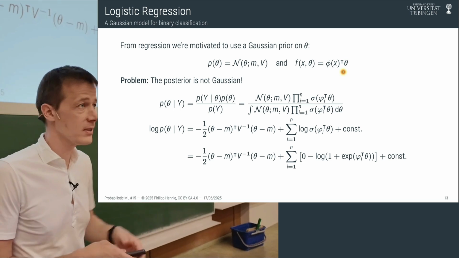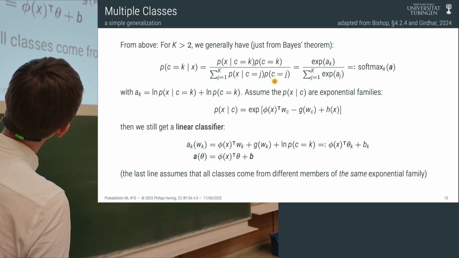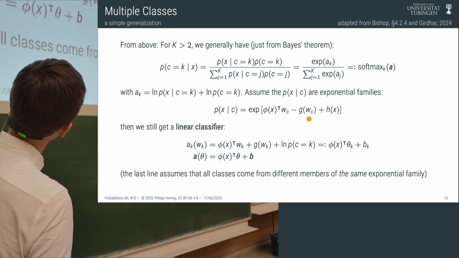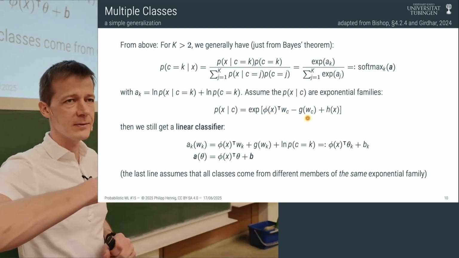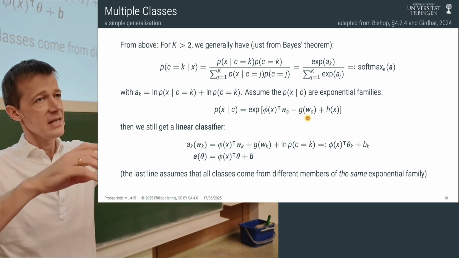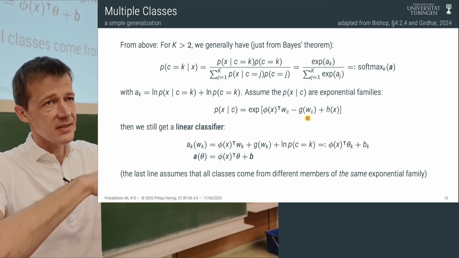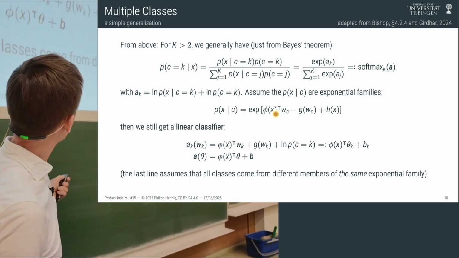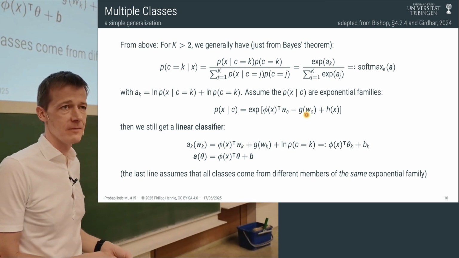So the problem with this, let me just briefly go back, is that if we wanted to do this, then our exponential family will look like this. And you will remember what the conjugate prior of an exponential family looked like. It was another exponential family that had as its sufficient statistics those parameters w and this log partition function g.